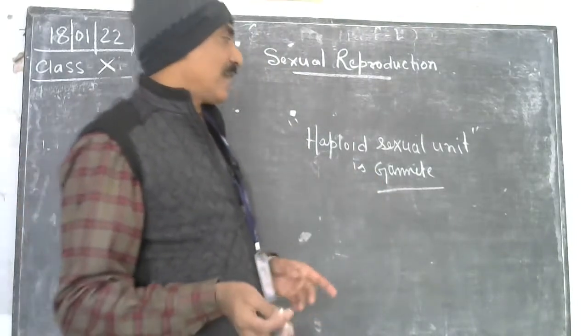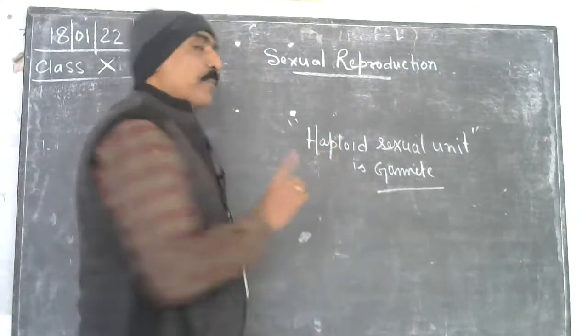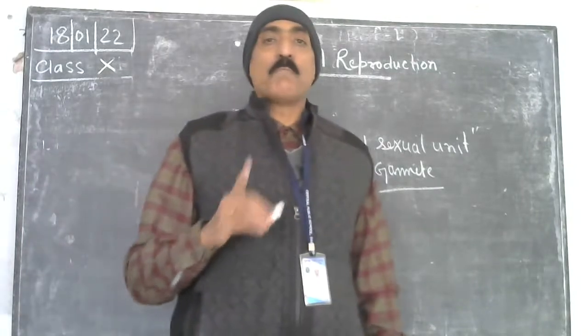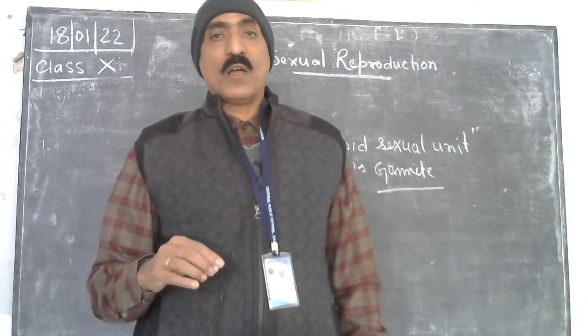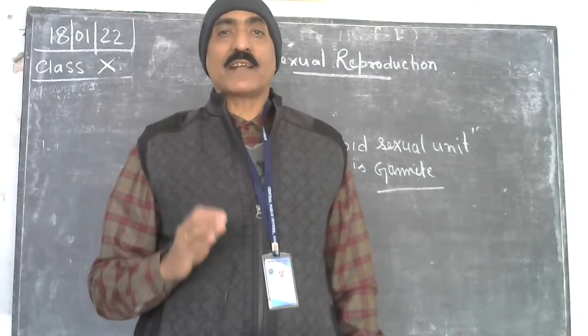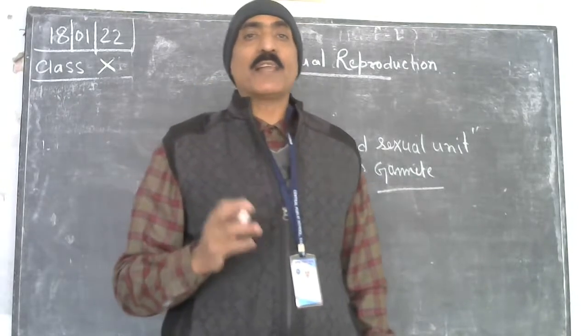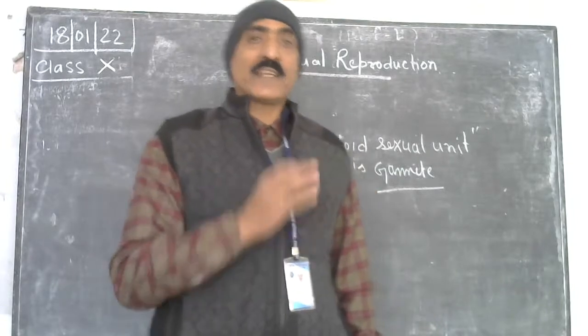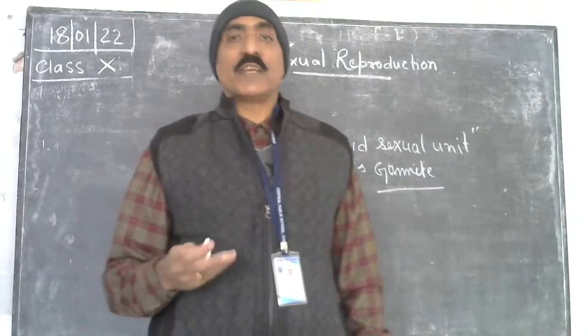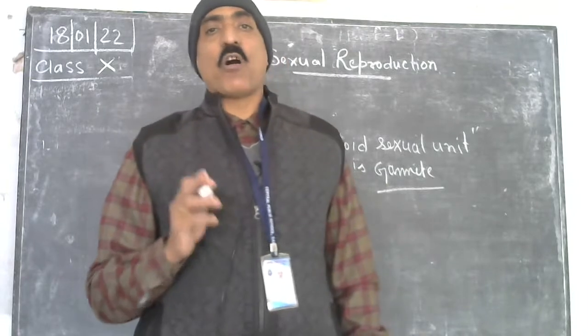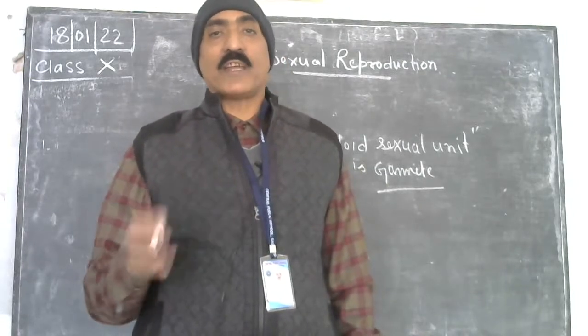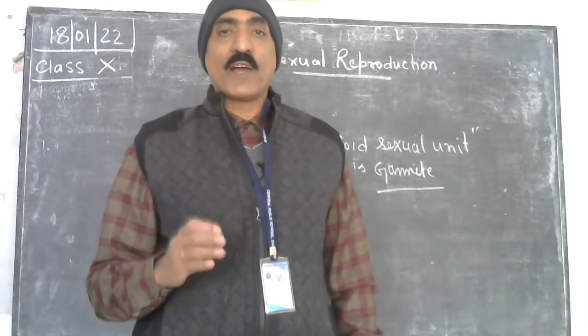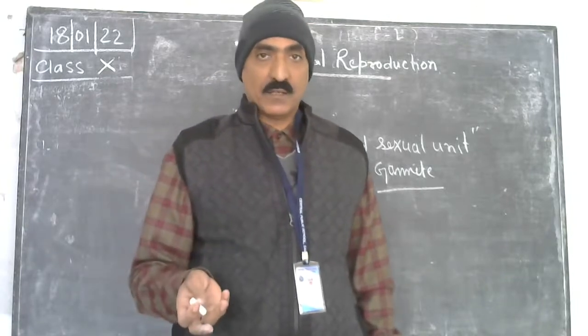If we consider the male, sperm is considered the male gamete and ovum is considered the female gamete. These gametes are produced in the primary reproductive organ of the plant, animal or any organism where sexual reproduction occurs.